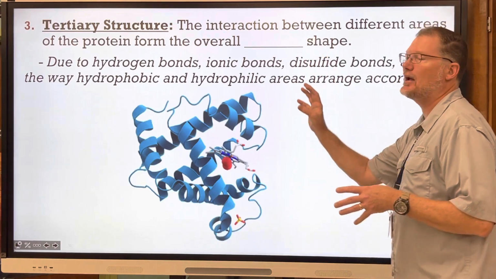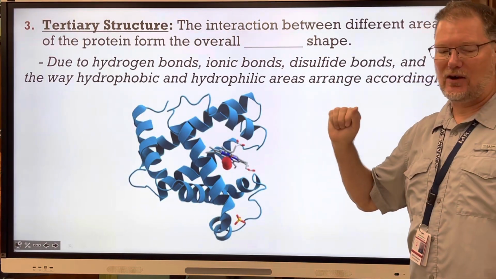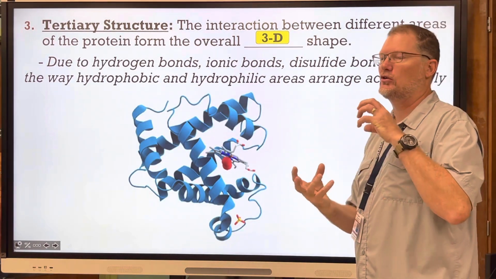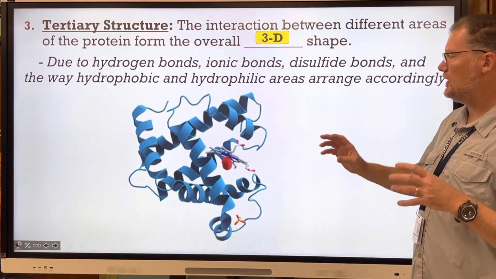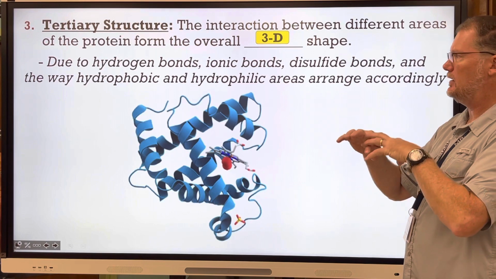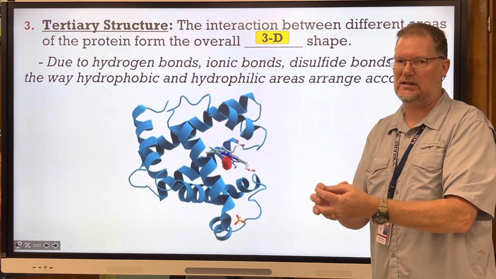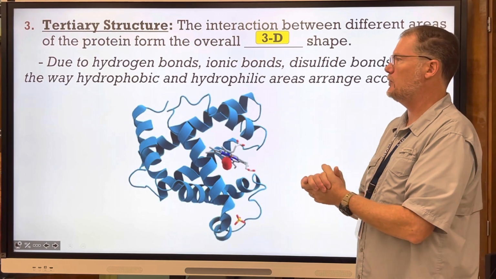And then you've got a tertiary structure. So this is the interaction between the different areas of the protein that forms the overall 3D shape. So now that they're starting to twist and form, then the whole molecule starts to bend and go different ways. And then that is the ultimate shape of a protein.